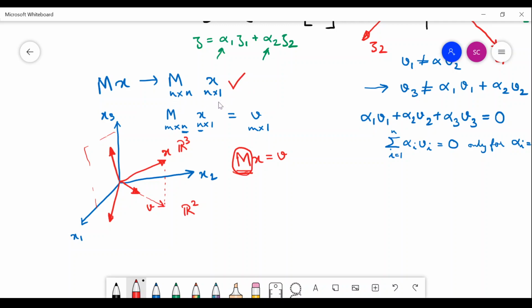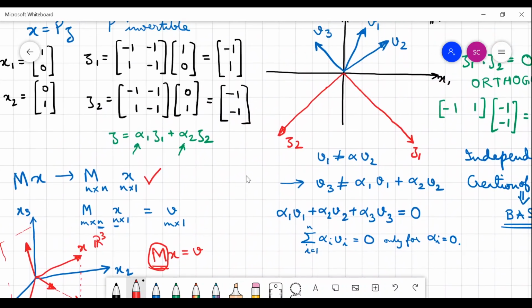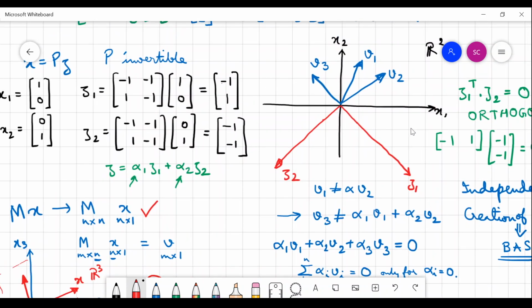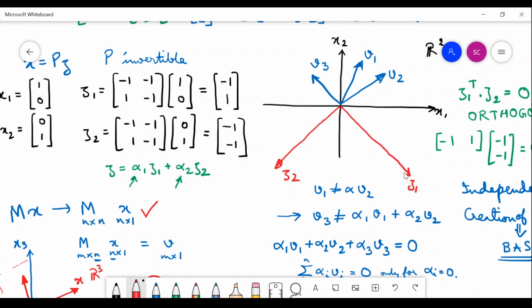What it is doing, it is keeping the vector in the same space, however you are getting a different vector. Also, you are getting a different set of basis vectors. So from x1 x2 actually we got z1 z2, right? From this x1 and x2 we got z1 and z2, which are here. These basis vectors are located at these positions.